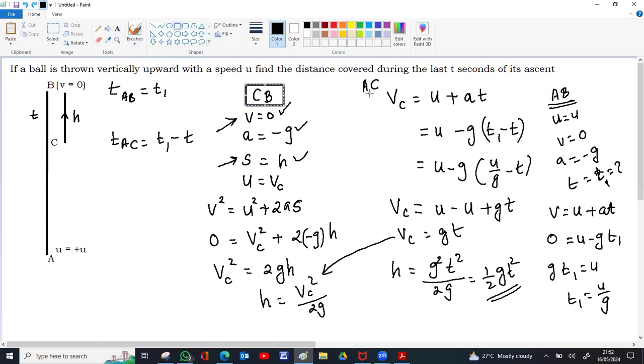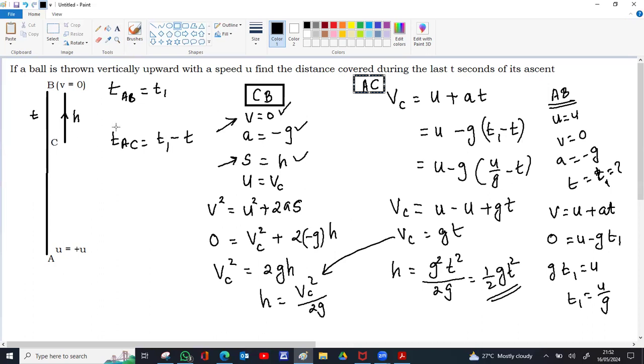Now for AC, we have initial velocity u, acceleration is minus g, and the time taken till C. The total time is T1, for AB. So the time of C to B is the last few seconds. For example, if this is a total of 10 seconds and this is the last 2 seconds, then AC will be 10 minus 2.